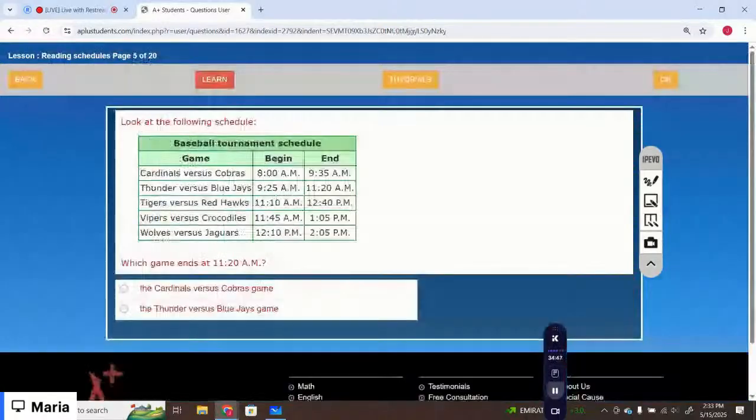Look at the following schedule. Which game ends at 11:50?